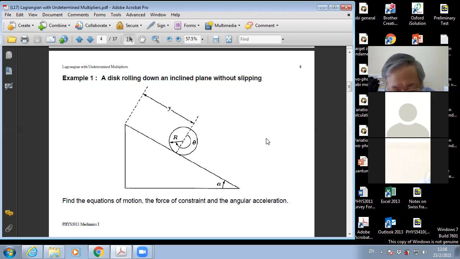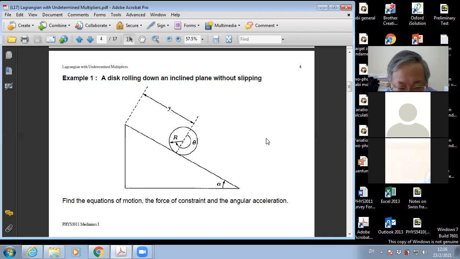You mean the torque for the rotation? Yes. Okay, what else? Then we have equations, and we can solve the differential equation to obtain the equation of motion.